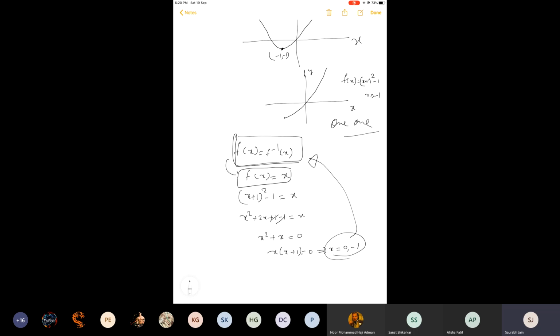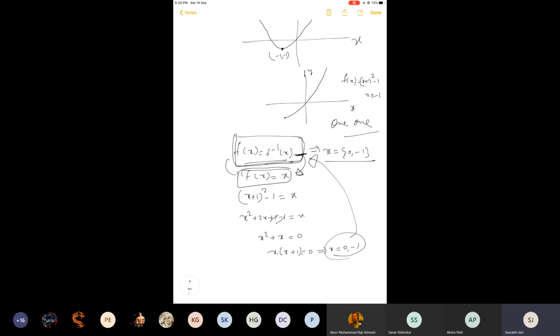Because if on solving f(x) equal to f inverse(x), we are getting 0 and −1, then the reason is not that f(x) is bijective. The reason is that whenever they will meet, they meet on the mirror line y equal to x. So this is the reason that either we solve this or we solve this, we get the same answer. Not that f is bijective. Okay, this is not the explanation.